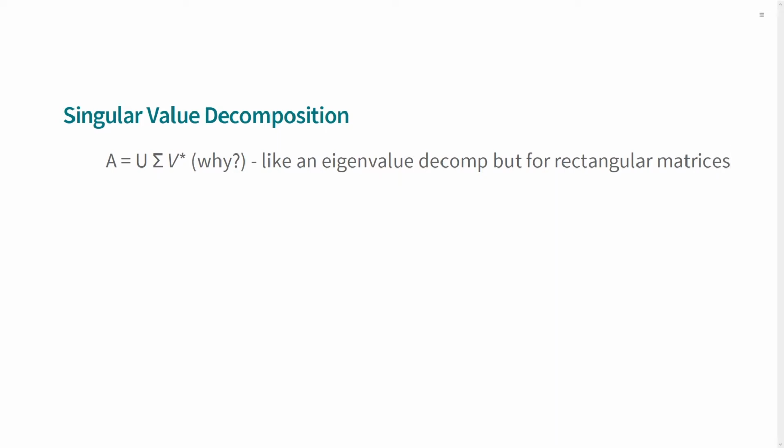One of the big ideas with eigenvalues, and we saw this in some of these power iteration methods, is that when you repeatedly apply a matrix, the largest eigenvalue tends to dominate what you're doing. With a singular value decomposition, what you're getting here is this matrix sigma, which contains a diagonal matrix where the entries of the diagonal matrix are what are called the singular values, which are directly related to the eigenvalues. We can do the same sort of tricks with the singular values that we do with eigenvalues.